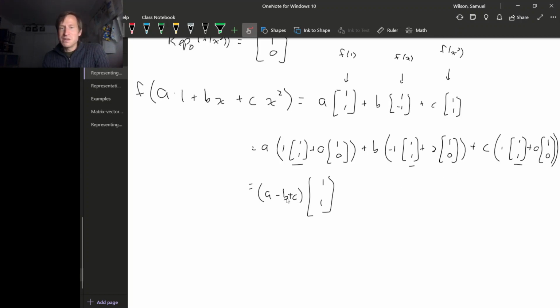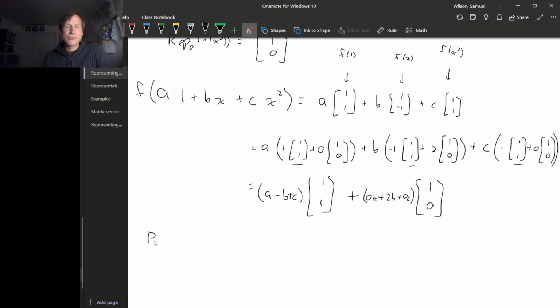So a minus b plus c times (1, 1), plus, and now all the terms that come from (1, 0). So what are the terms coming from (1, 0)? Well, there's a 0 times a, plus a 2 times b, and then 0 times c. Okay, so that's equal to this.